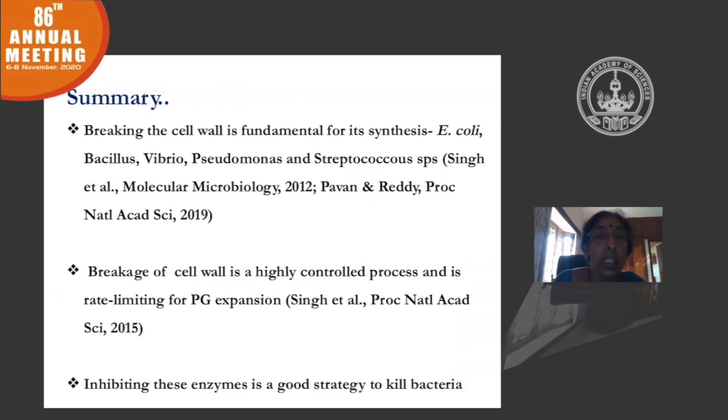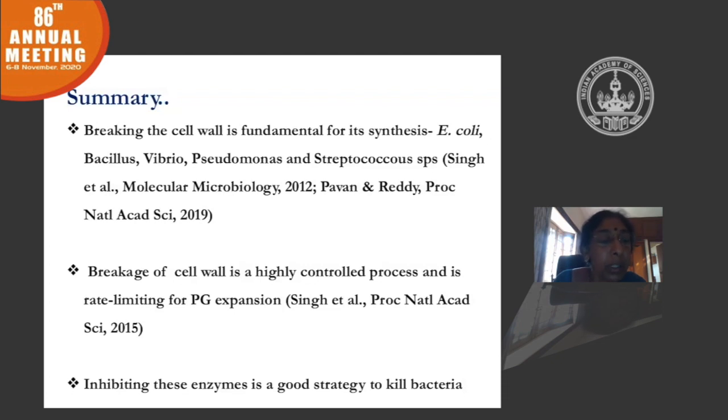And we have shown this initially in E. coli. Subsequently, several other groups have shown that the same thing happens in Bacillus, Vibrio, Pseudomonas and Streptococcus. And then we have shown that this is a highly controlled process at the step of post-translational stability and is rate limiting. And inhibiting these cleavage enzymes is an extremely good strategy to kill bacteria.